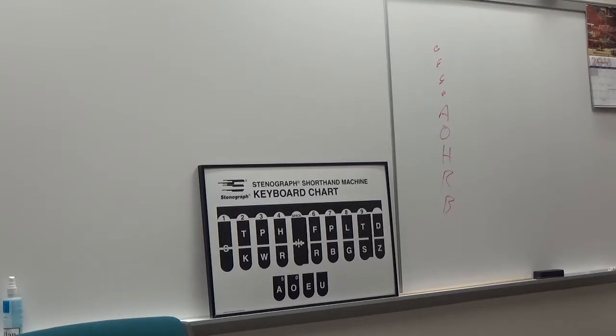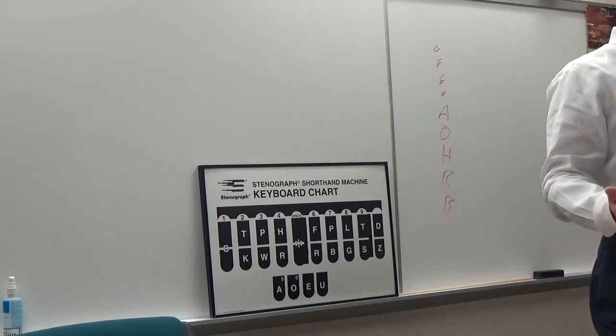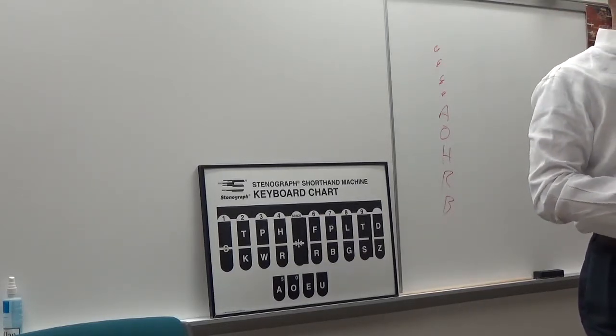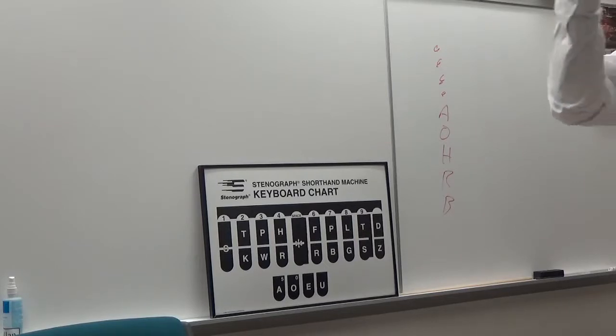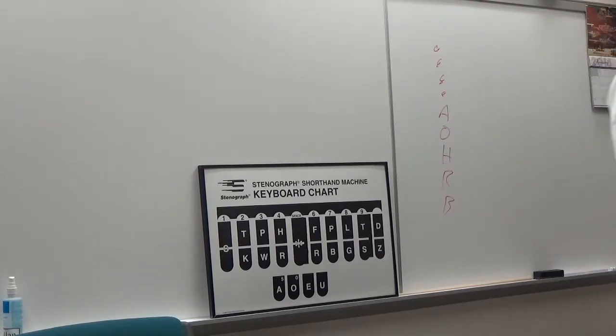Does everybody know what I'm talking about being able to move down? You just arrow right, and it'll move down 1 character per stroke. Y'all getting that?